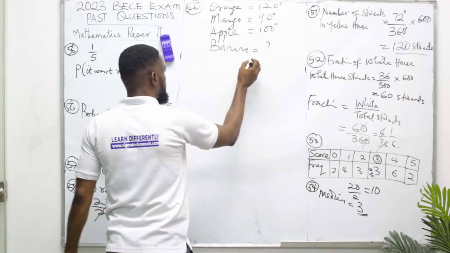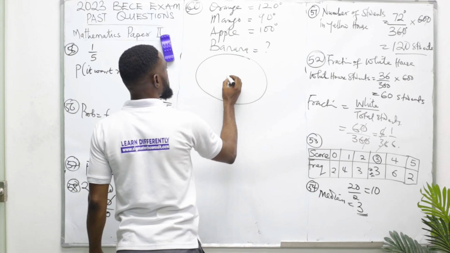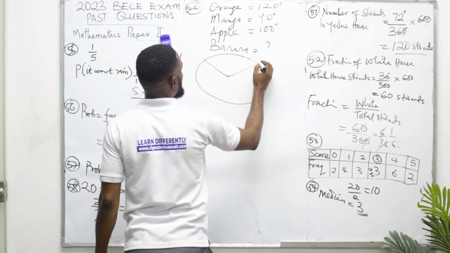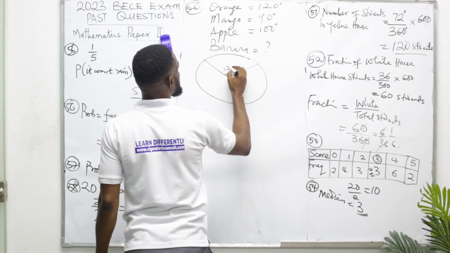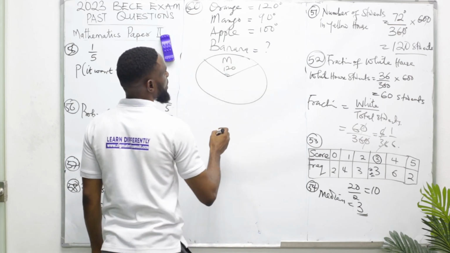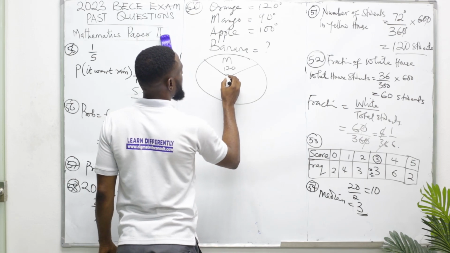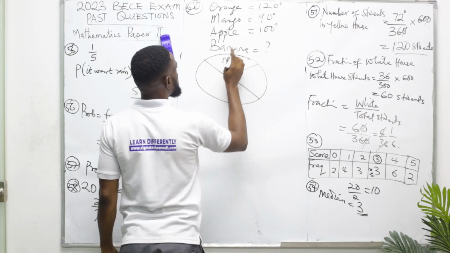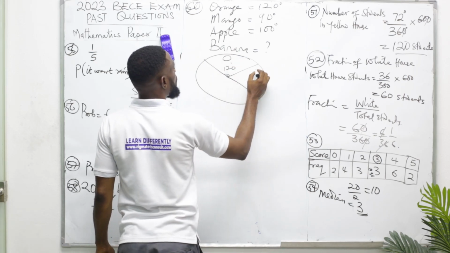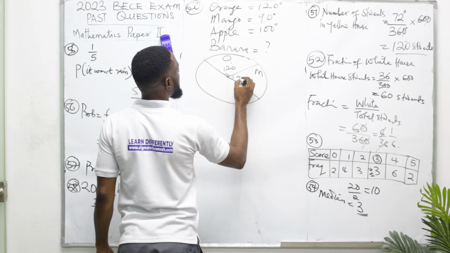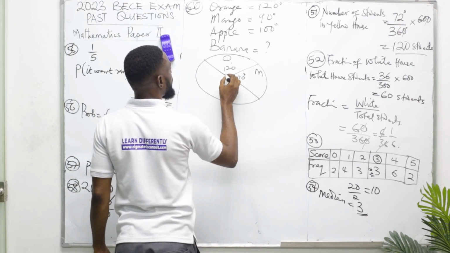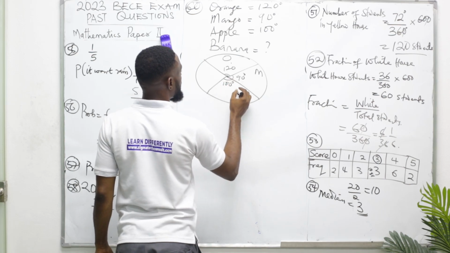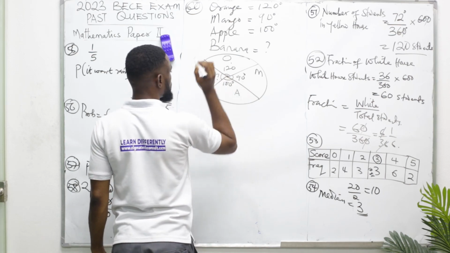Representing this here, orange is 120, mango we have 90 degrees, apple we have 100 degrees, then for banana it is a question mark.